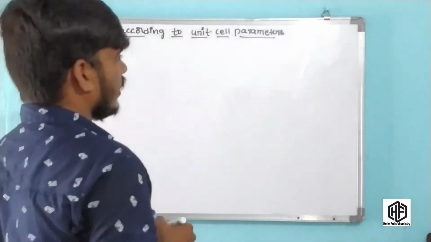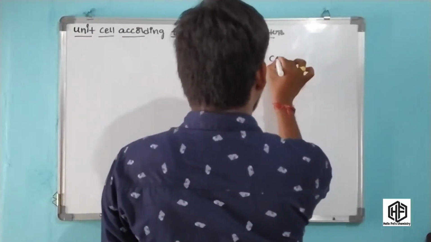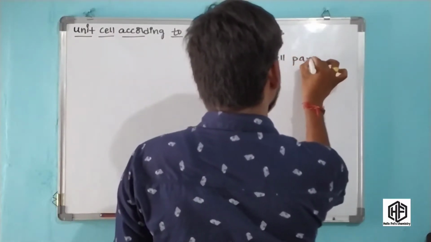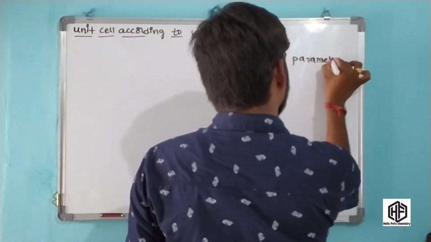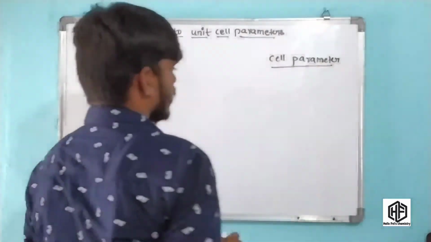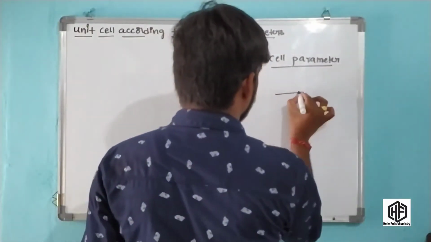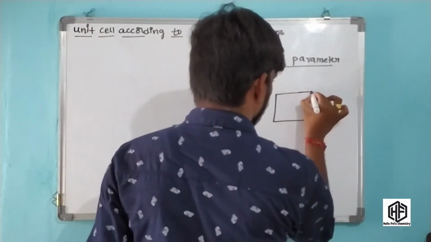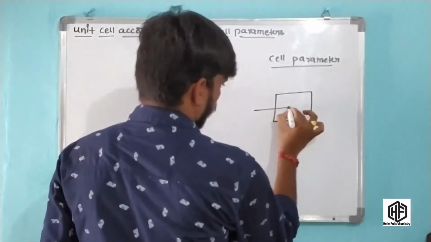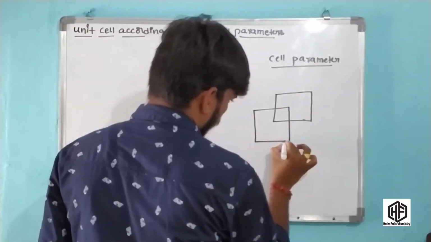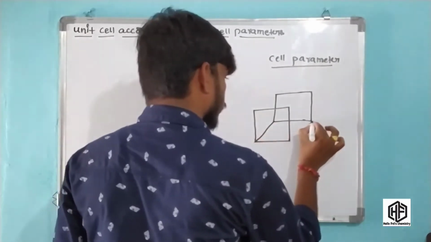Now we have to consider a unit cell. First of all, cell parameters, okay friends, this is a very important concept friends. Now we have to consider the unit cell like this. This is the unit cell, okay friends.